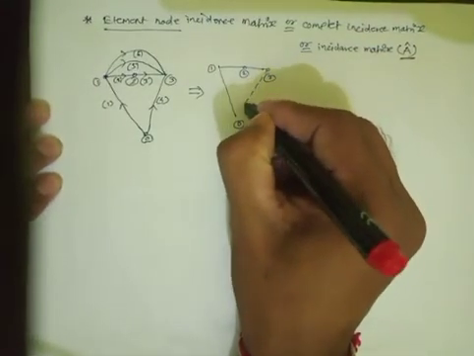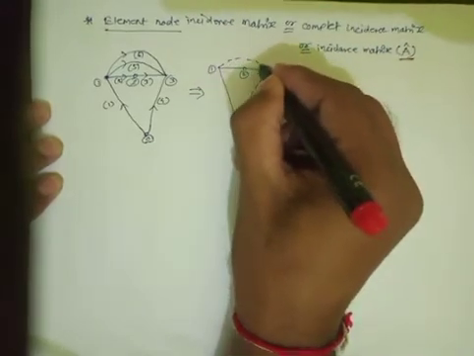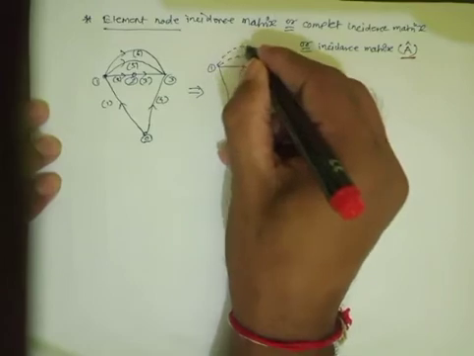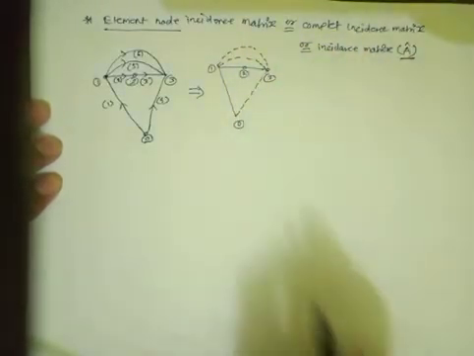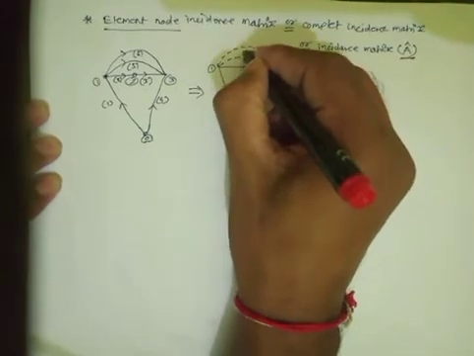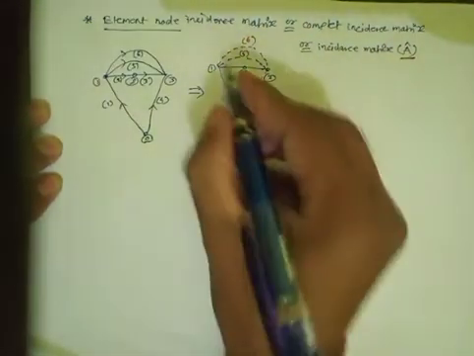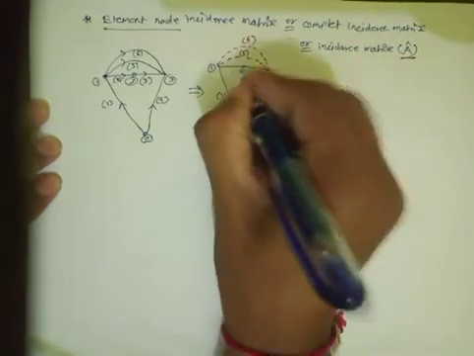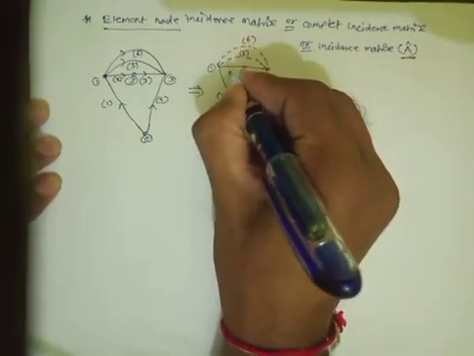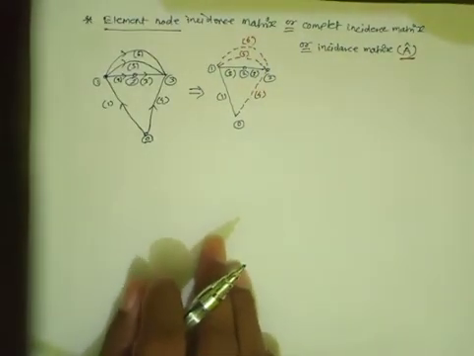I am going to draw it as a dotted red line, that is element number 5, 6, and 4. This is your 4, 5, and 6. This is your branch or element 1, 2, and 3. Okay, so in this way there were 6 elements or 6 branches.